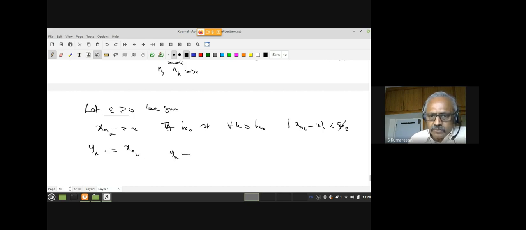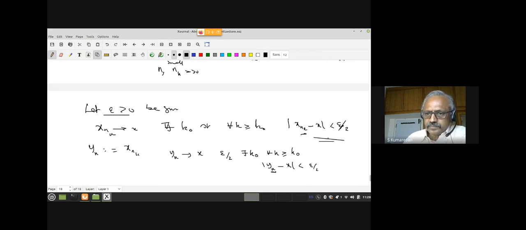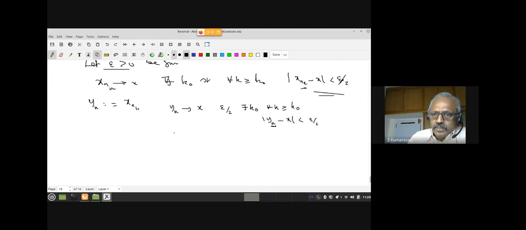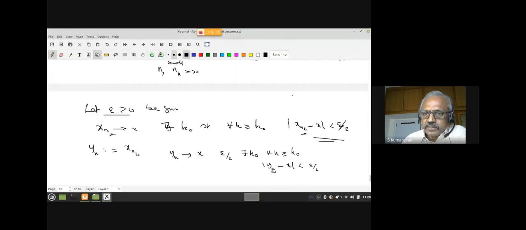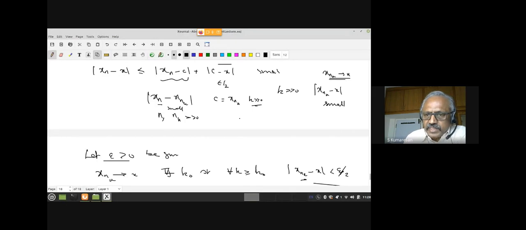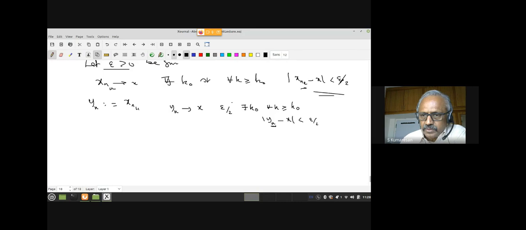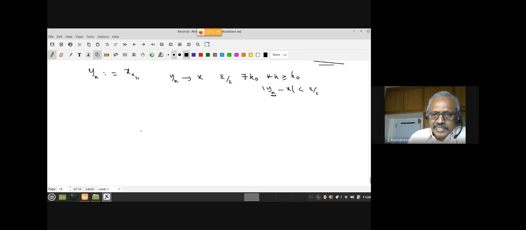When I say y_k converges to x, what does it mean? For epsilon by 2, there exists a k_0 so that for every k greater than or equal to k_0, |y_k - x| should be less than epsilon by 2. But what is y_k? x_{n_k}. So this is what you have. Therefore, if I take my c to be x_{n_k} for any fixed k greater than or equal to k_0, I am through. You follow that? So the second term I had taken care of.